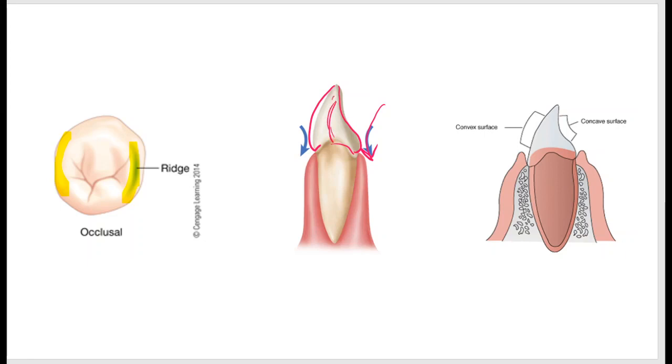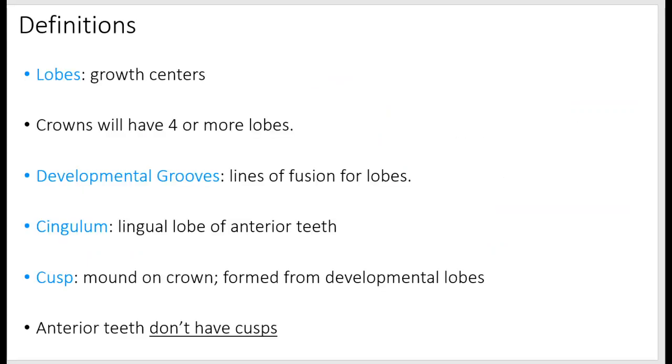These are things in the anatomy of the tooth that help self-cleansing, so the food does not get caught there and is cleaned by itself regularly. That's what we have to think about when restoring a tooth: to restore the contours of the tooth. If it is an inside contour, we call it concave, and convex is on the outside. And again, these are the definitions that we talked about.